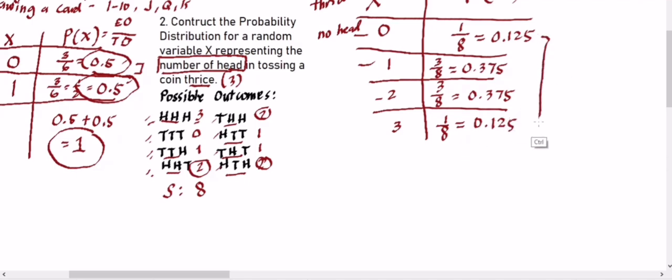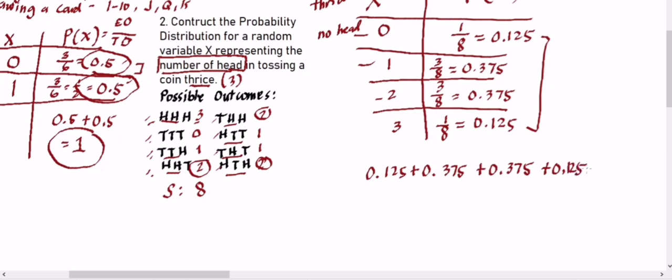Kapag in-add natin to, para malaman natin kung discrete or not. So, add natin 0.125 plus 0.125 plus 0. Mali. 0.375 pala plus 0.375 plus 0.125.